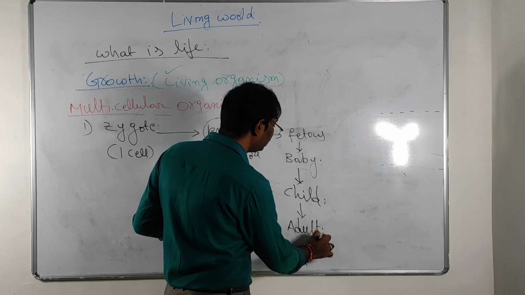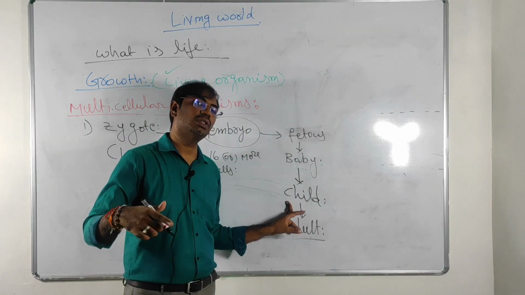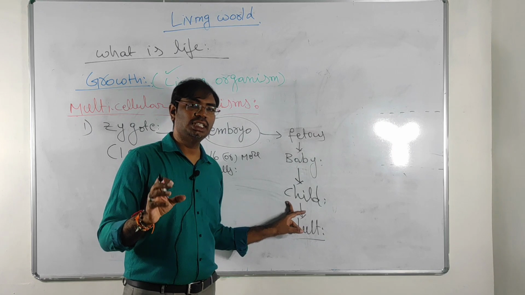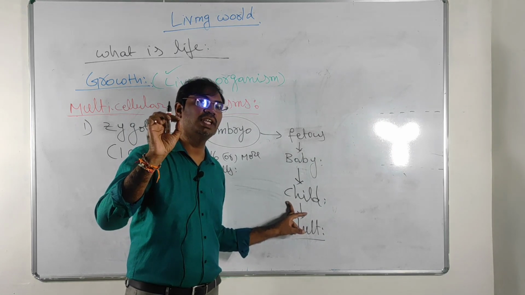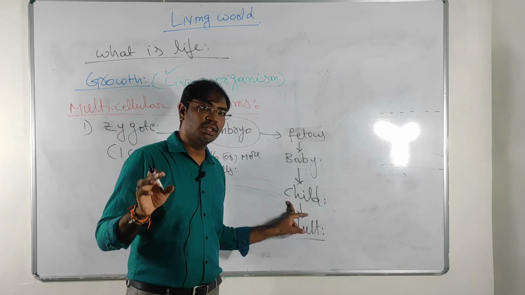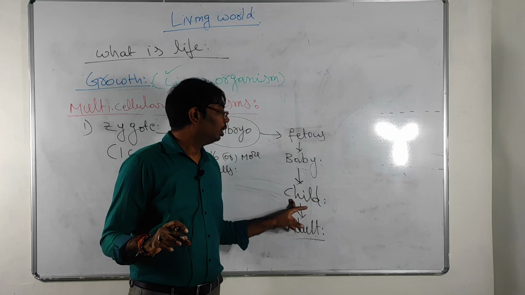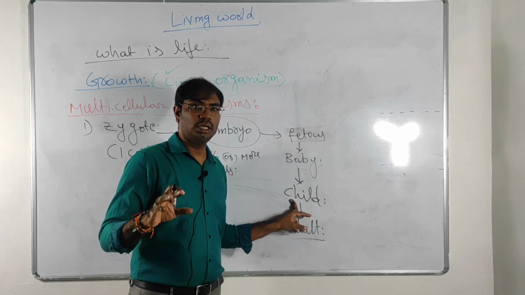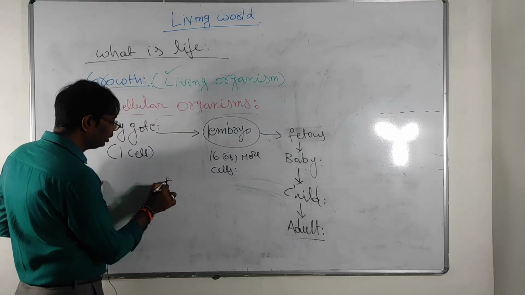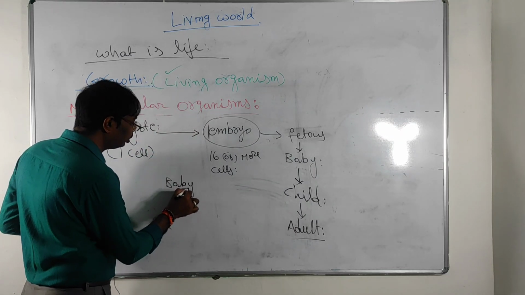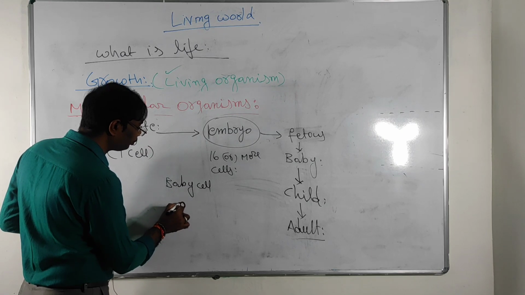In every stage the number of cells is increased, and at the same time the size of the cells also increases. If you observe a baby cell under the microscope, the cell size is very small. Suppose I represent the baby cell here, this is the baby cell, and its size is this much.